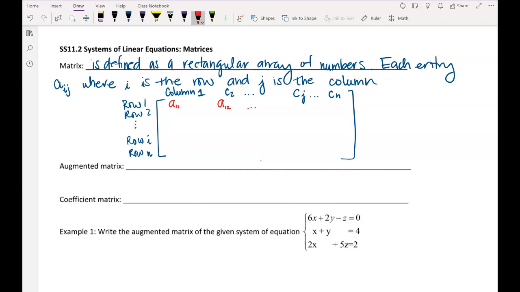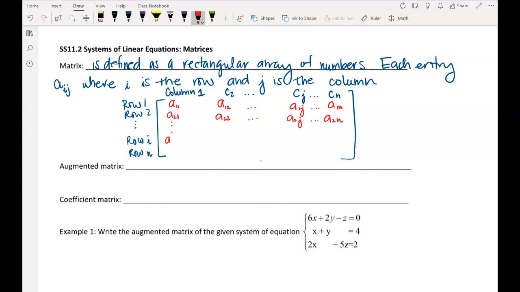Skip a few, A1J, and A1N. So the number, the subscript 1, and you have another number, so that's going to be the column. Now row 2, column 1, that's A21, A22 represents row 2, column 2, A2J, A2N, okay?